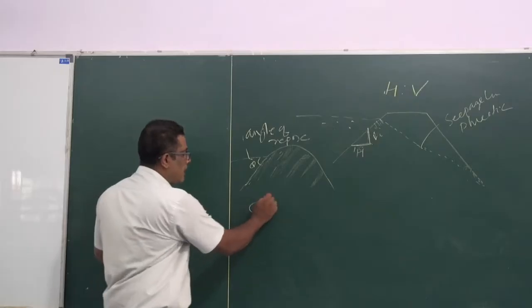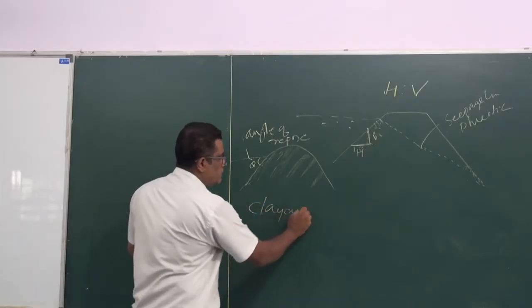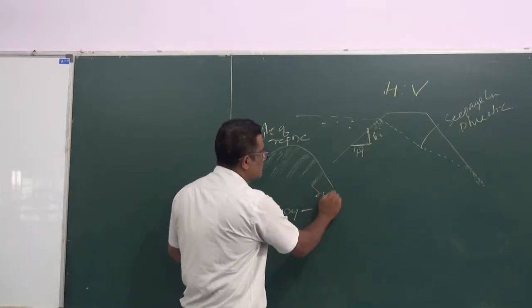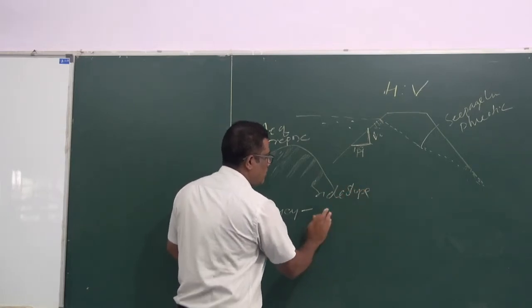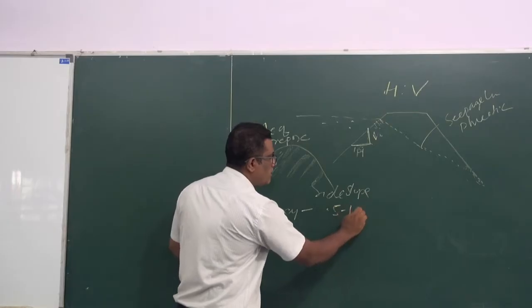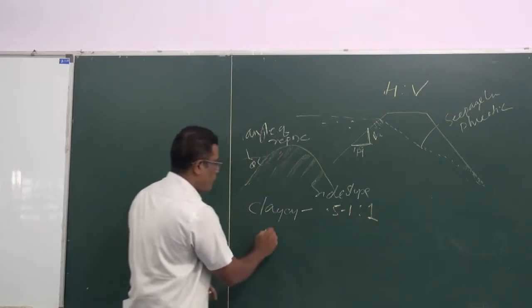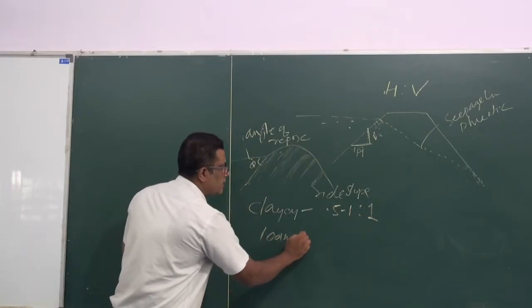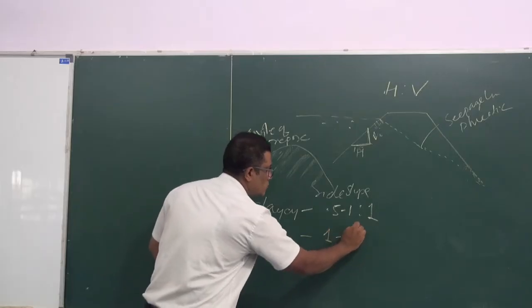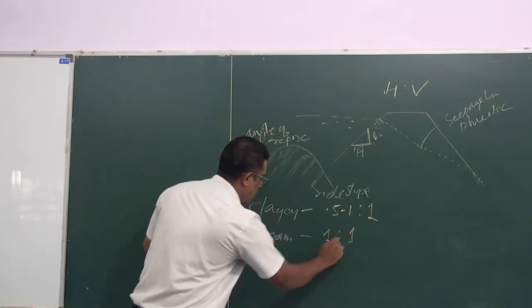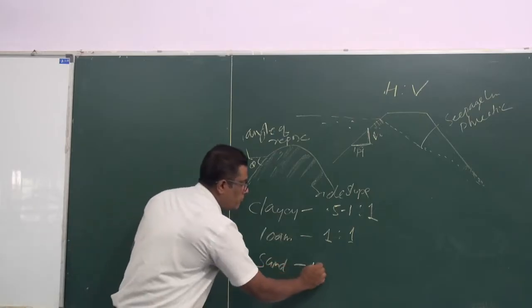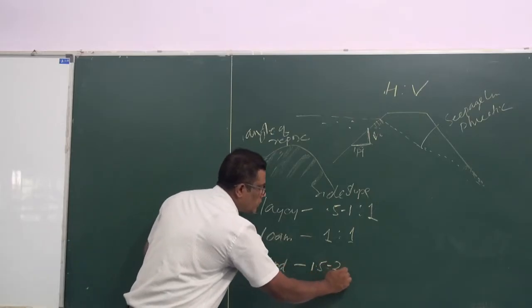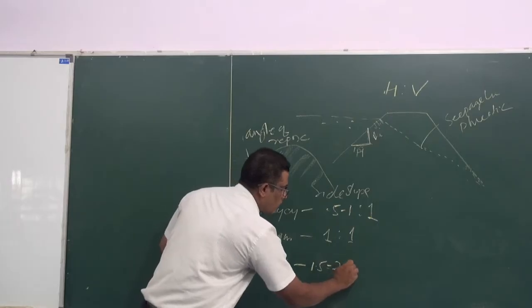For clay soil, generally the side slope is 0.5 to 1 is to 1. For loam, it is 1 is to 1. And for sand, it could range between 1.5 to 2 is to 1.